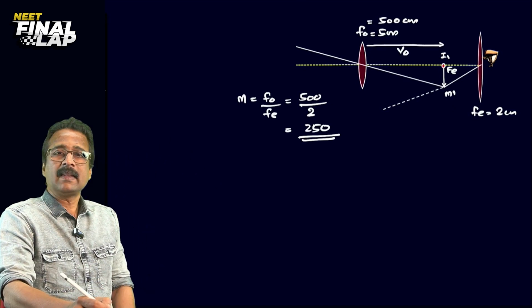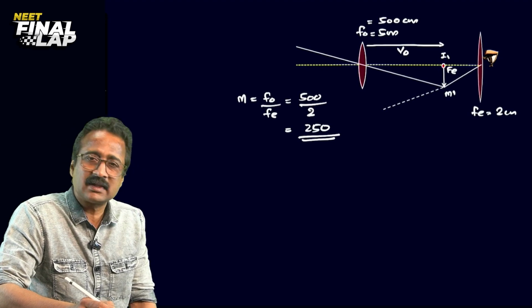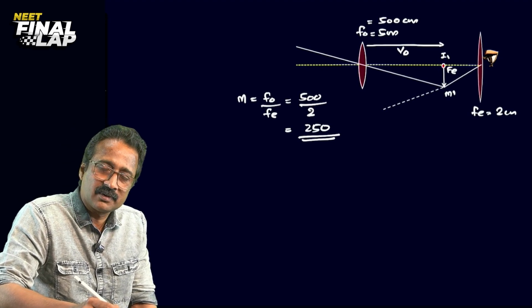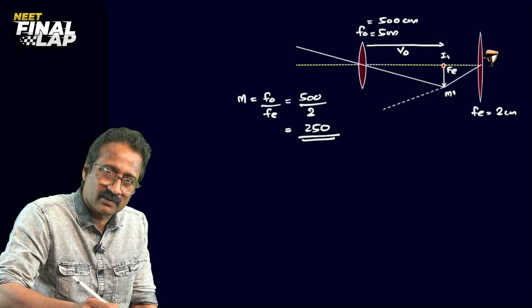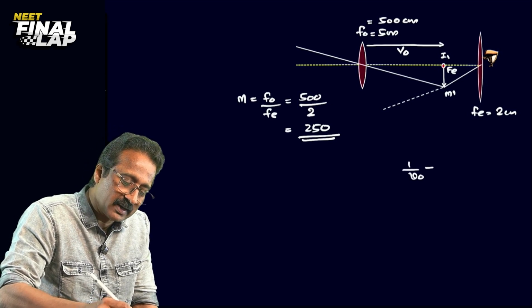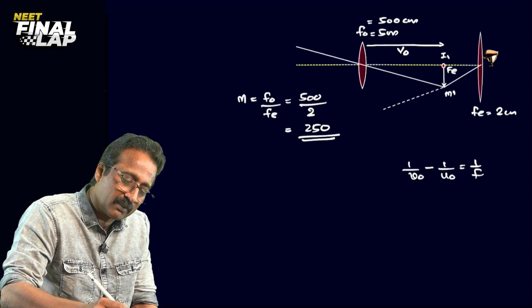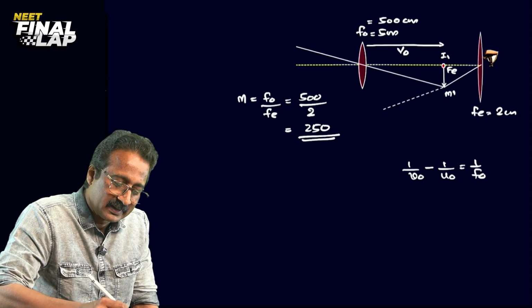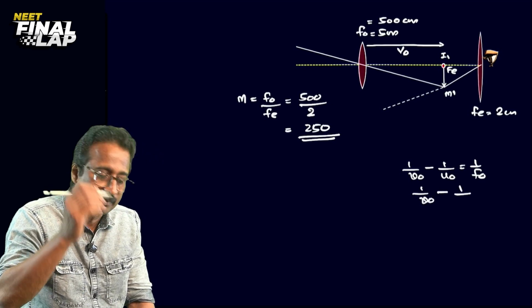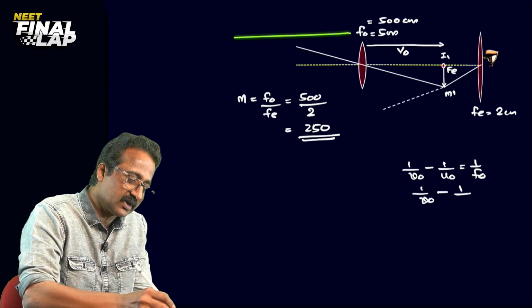That VO can be determined because it is a telescope. For a telescope, the first image will be formed at the focus of the objective lens. If you want, you can apply the lens formula for the objective lens: 1/VO minus 1/U is equal to 1/FO. Remember, the object is at a very, very large distance.